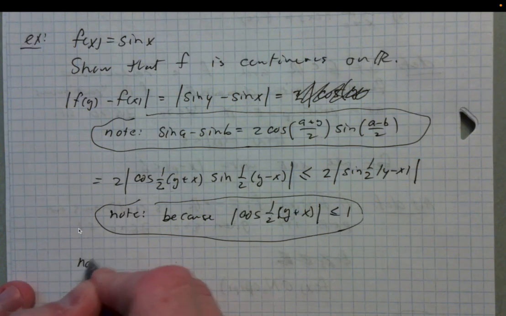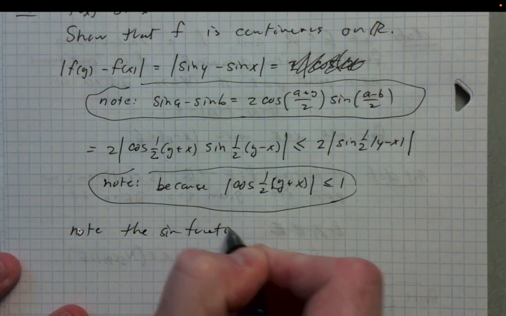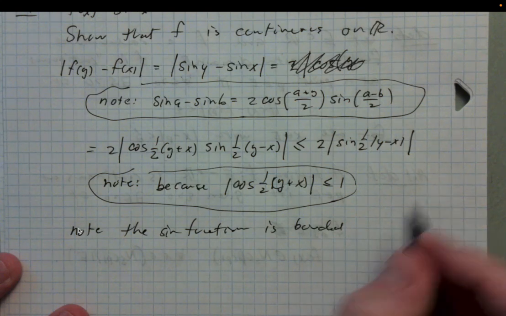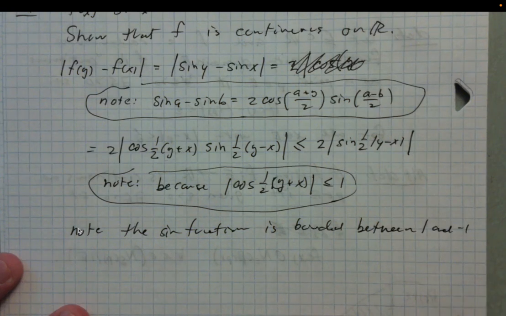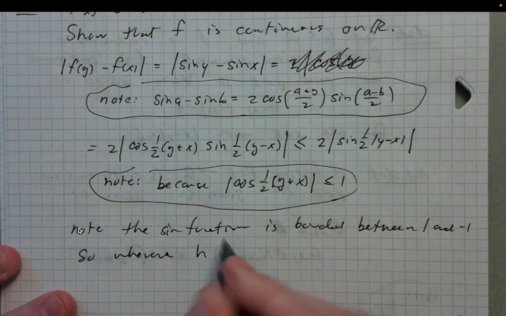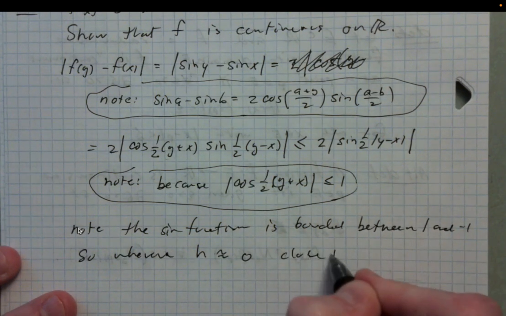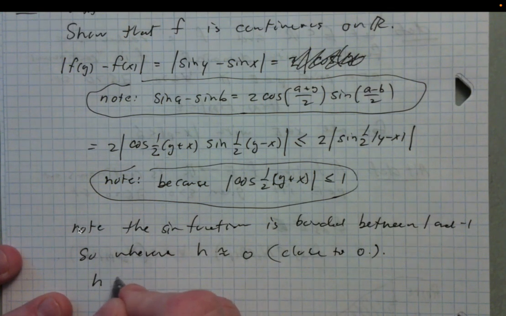Okay, so we can note also that the sine function is bounded, isn't it? Just like the cosine function is bounded, the sine function is bounded between 1 and -1. So whenever h is approximately 0 or close to 0, then the absolute value of h has got to be greater than or equal to the sine of h.